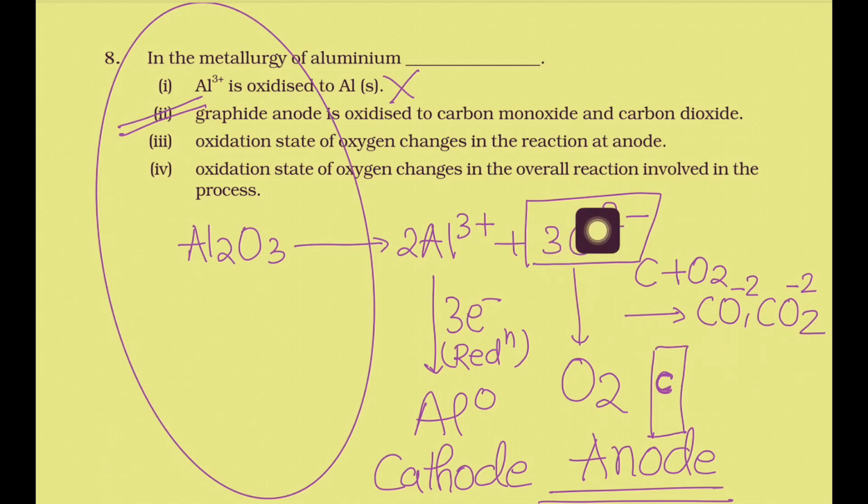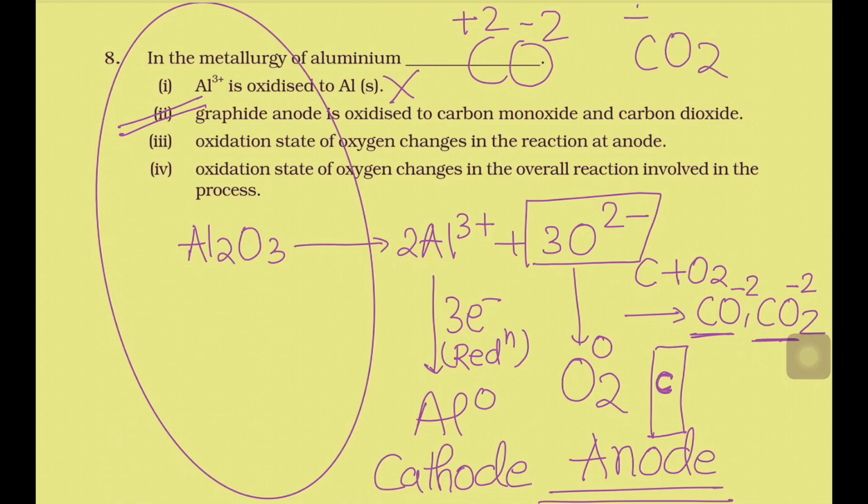If we consider O2-, -2 to O2, there is a change in oxidation state from -2 to 0. But if I say O2- to the final product, that is CO or CO2, there is no change, because in carbon monoxide carbon is in +2 and oxygen is in -2. In carbon dioxide also, carbon is in +4 and oxygen is in -2. So there is no change in oxidation state.